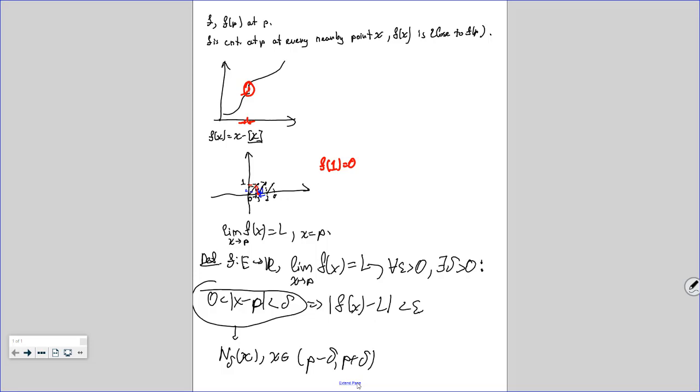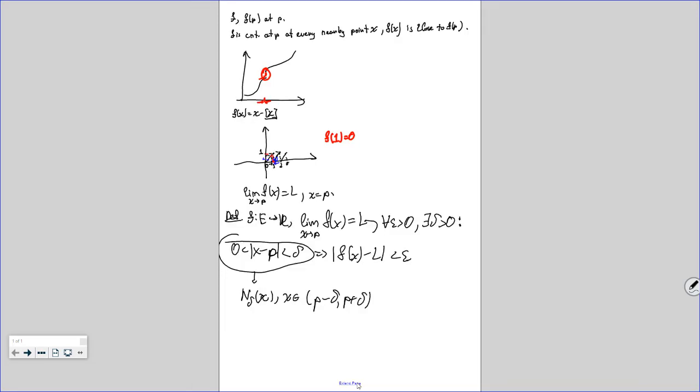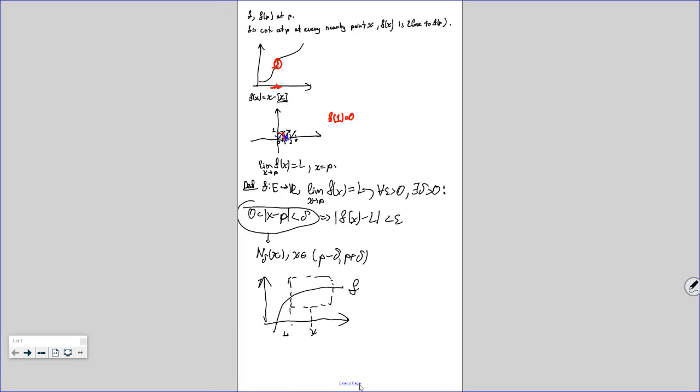So we covered the meaning of the neighborhood. To graphically interpret the point, suppose this is our function f. Then this is point x and those are x minus delta and x plus delta.